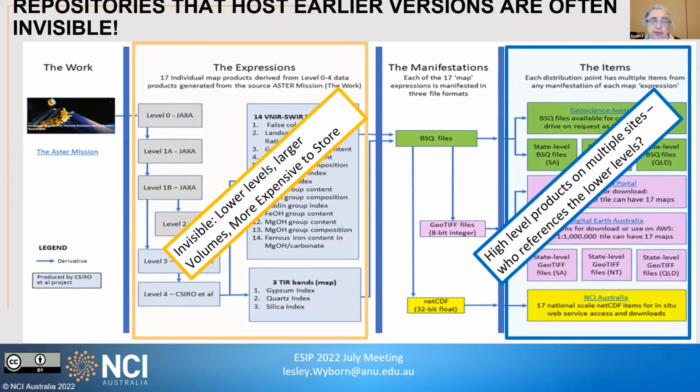Very rarely do people go back and say, my data set was derived through these stages, which you can through provenance and the fact that we've got each level of processing as derived from. But most journals today say, oh, this is the subset of the data that was used in the paper. And the poor repositories that are storing the bigger data sets are becoming invisible.